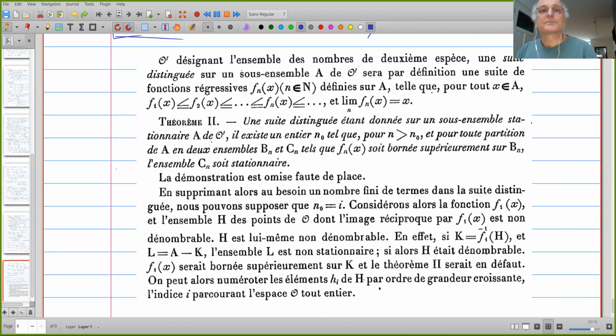I also put another quote from Bloch's paper in there to show you that Solovay must have gotten some inspiration from somewhere. His theorem 2 states, well, not exactly, it's the claim that we made a few moments ago, that there would be an n such that all those sets where the thing was unbounded was stationary.